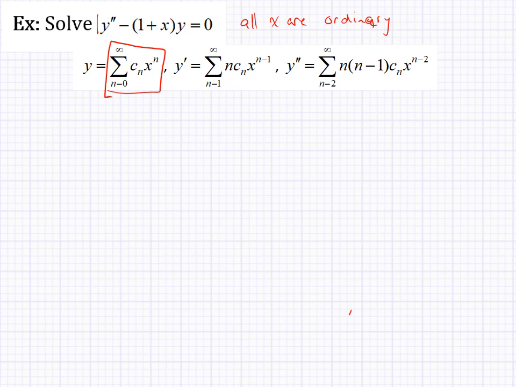The derivative here, second derivative here, all the same as we've been doing. We're going to plug them in for the derivative and for y itself. So what am I going to get?